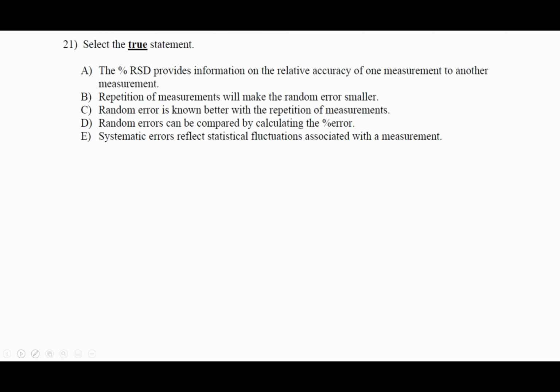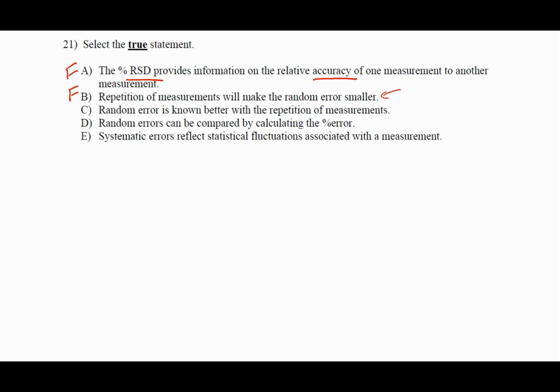Select a true statement. The percent RSD provides information on the relative accuracy of one measurement to another. So RSD provides information not on accuracy, but on precision, right? So that will be false. Repetition of a measurement will make random error smaller. It doesn't make it smaller. You just know it better, right? It never makes it smaller. That would mean if I do a ton of measurements, it'll disappear.